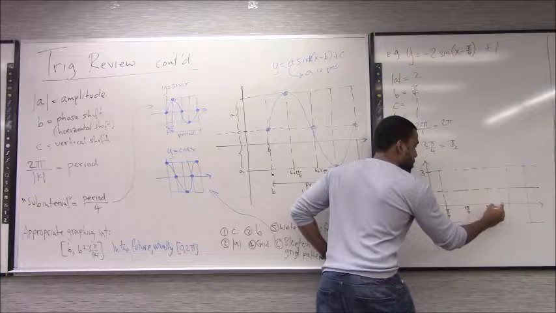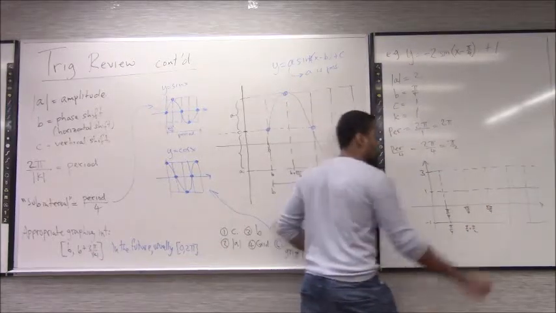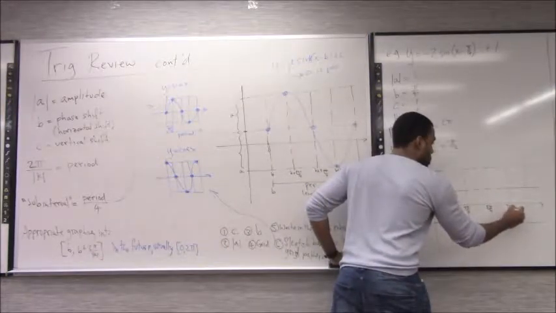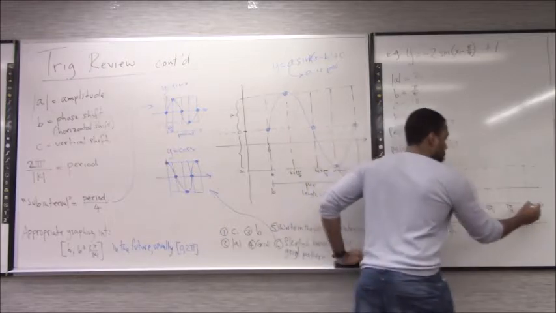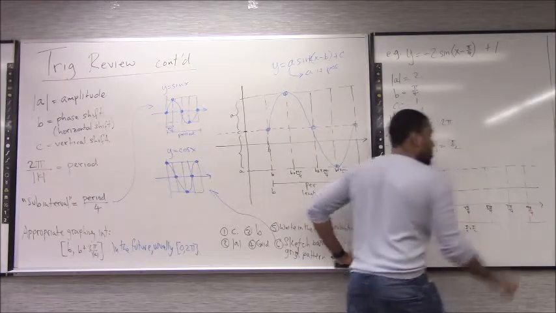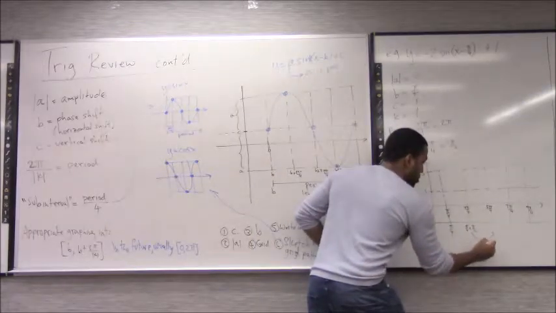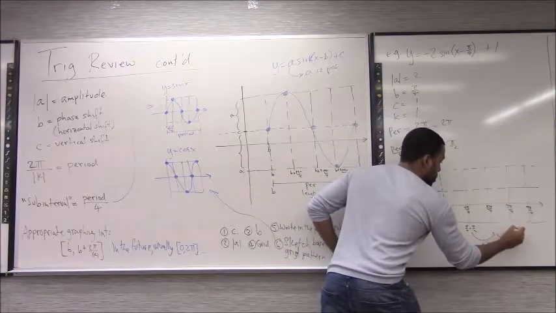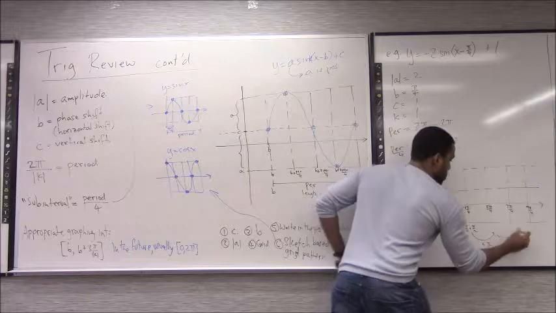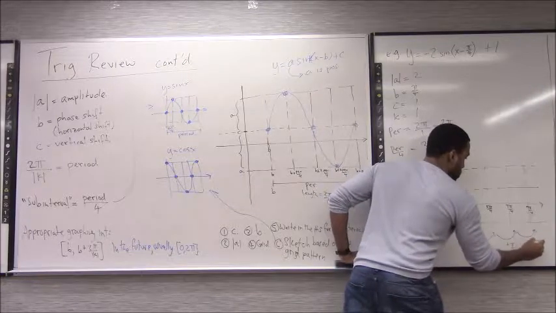This one will be 5 pi over 4 plus 2 pi over 4. This one will be 7 pi over 4 plus 2 pi over 4. This one will be 9 pi over 4. I just keep adding pi over 2.